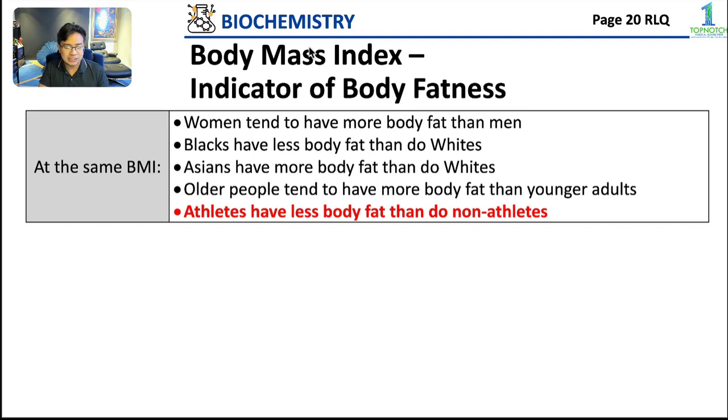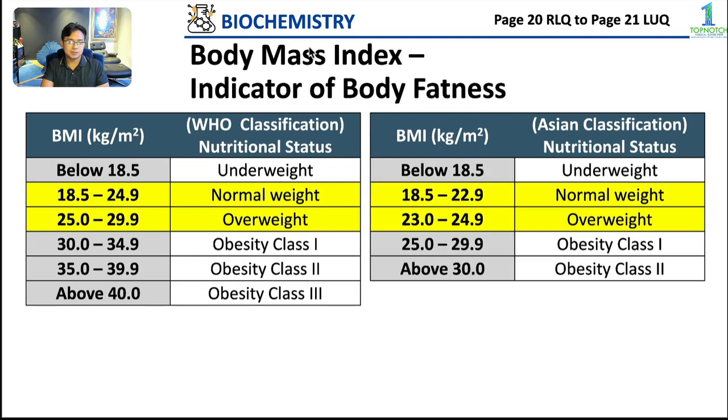Now, take note of general trends across races, ages, and level of physical activity. Women tend to have more body fat than men, blacks have less body fat than do whites, Asians have more body fat than do whites, older people tend to have more body fat, and athletes have less body fat than do non-athletes.